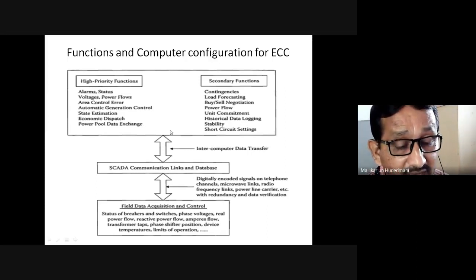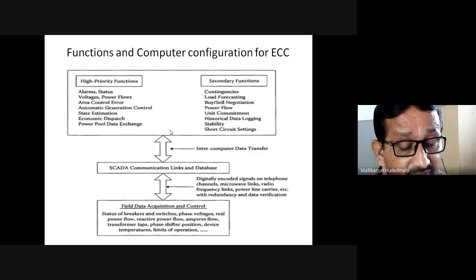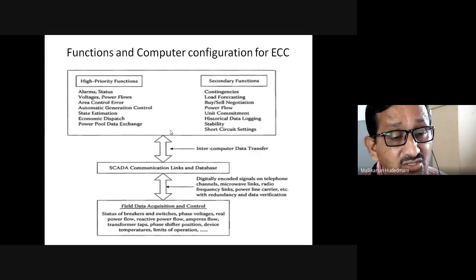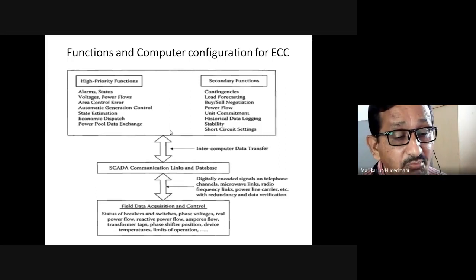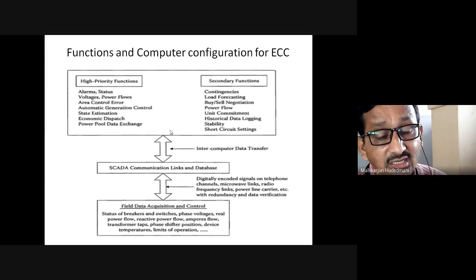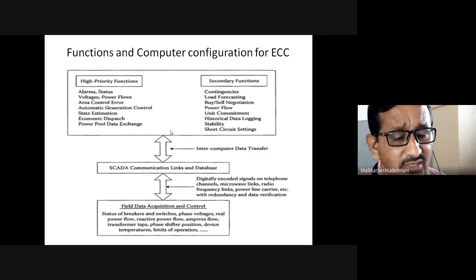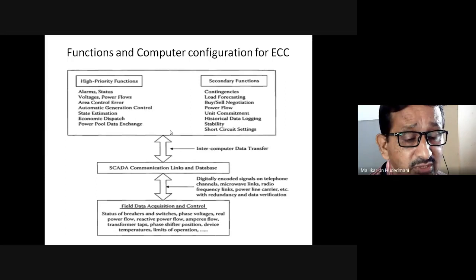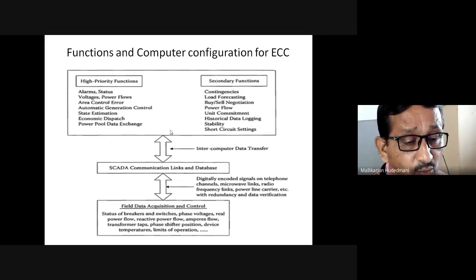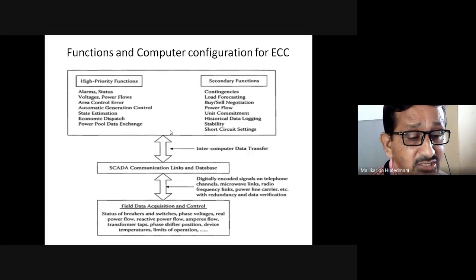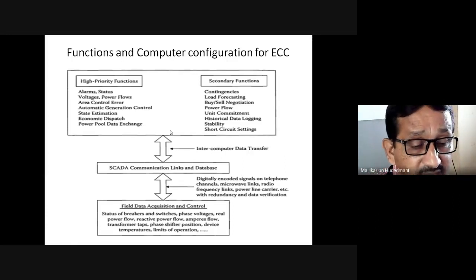Once it comes to the storage, now I come to the computer of that energy control center. How the functions of that particular computer are configured into high priority tasks and secondary functions. Whatever functionalities that the energy control center computer can exercise were discussed in length: alarm indication, voltage, power flow, area control, automatic generation control, estimation of the state, economic dispatch, and pool data exchange among the neighbors.